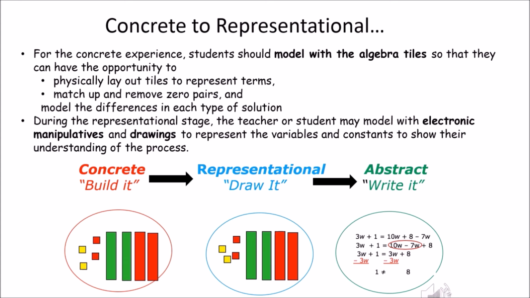For the concrete experience, students should model with the actual tiles so that they can physically lay out the tiles to represent different types of terms, match up and remove those 0 pairs to simplify the expression, and really see the difference in what happens with the variable for each type of solution. During the representational phase, the teacher or the student may model with electronic manipulatives, and the student can use drawings to represent the variables and constants to show their understanding of the process.